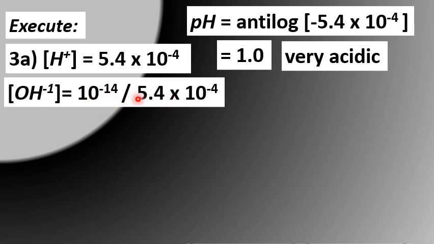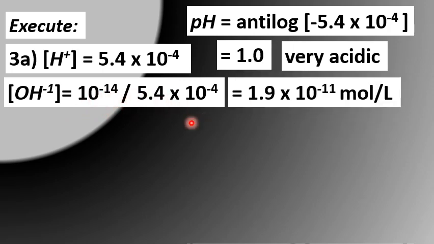And since you already know the concentration of the positive hydrogen ions, which is 5.4 times 10 to the negative 4, we can determine the negative hydroxide ion concentration using this formula. So again, doing your math, we will get the concentration of hydroxide equal to 1.9 times 10 to the negative 11. That's in mole per liter.